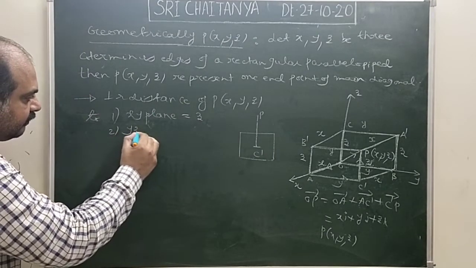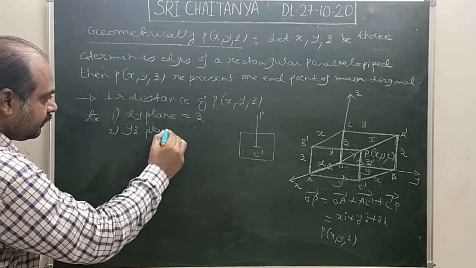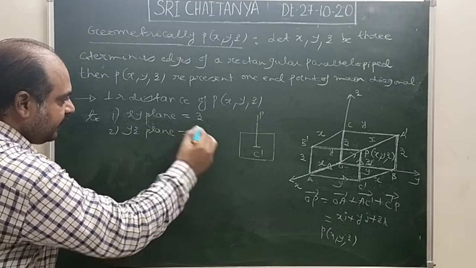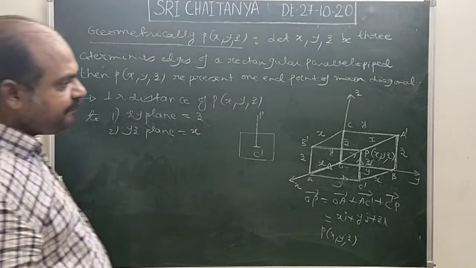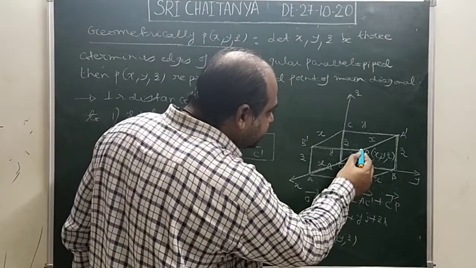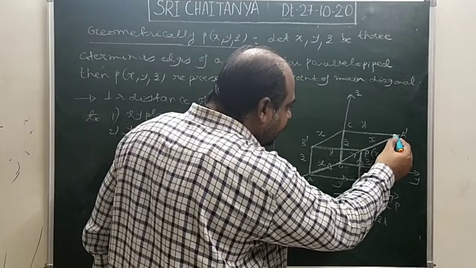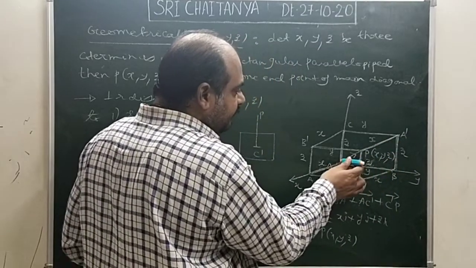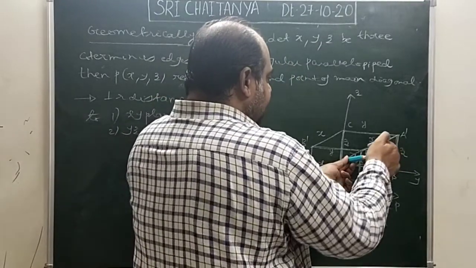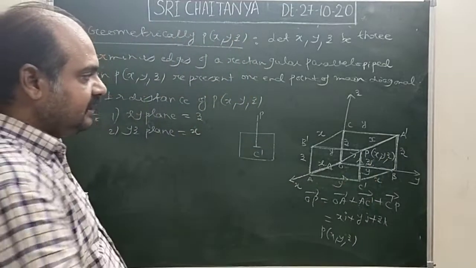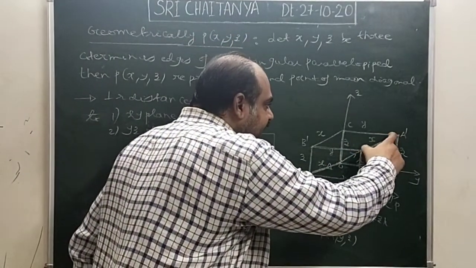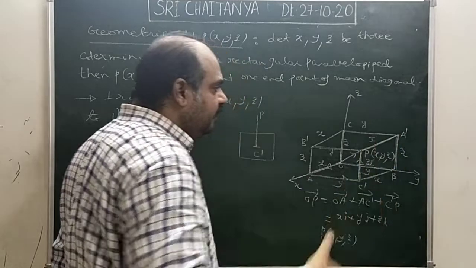From P to the YZ plane. Look at this, PA dash is there. P will be here. From P I have dropped a perpendicular like that. That is PA dash. This will be at 90 degrees to the YZ plane.